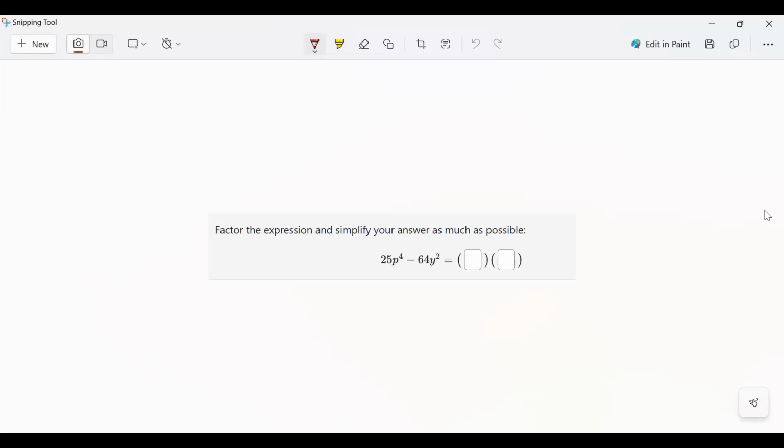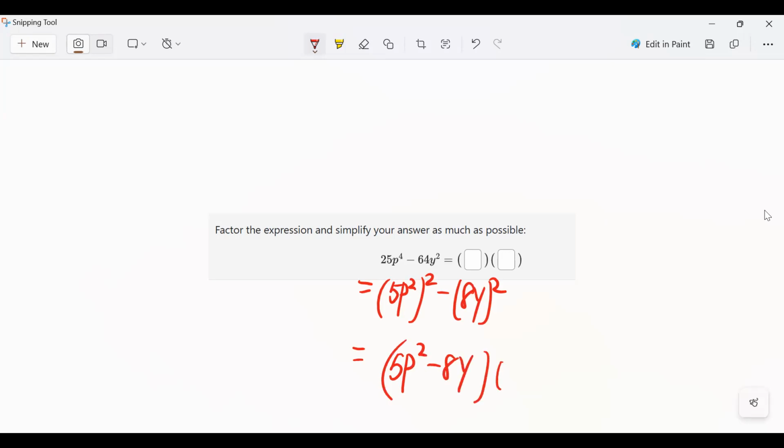Okay, let's go over the solution. For this one, we're going to turn it into 5p squared minus 8y squared. Now it becomes a difference of two squares. It will be 5p minus 8y and 5p plus 8y.